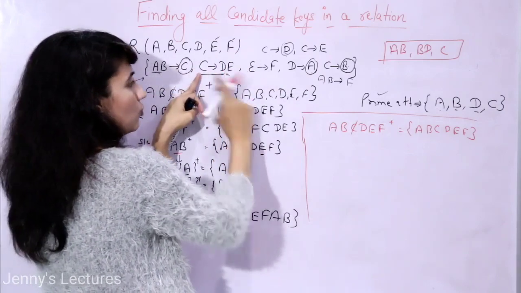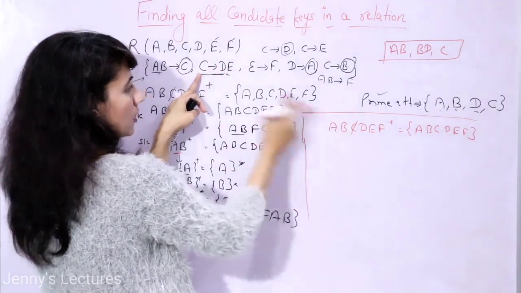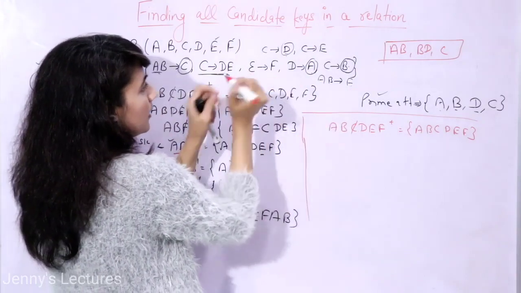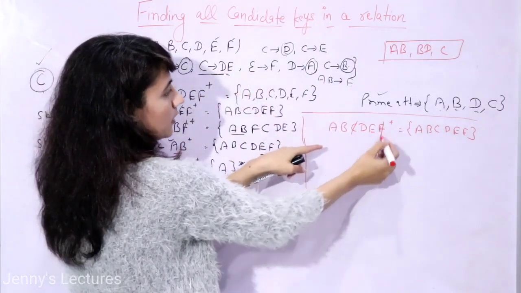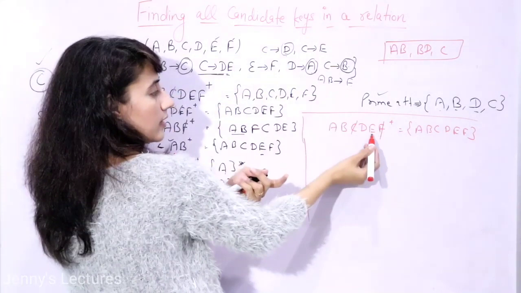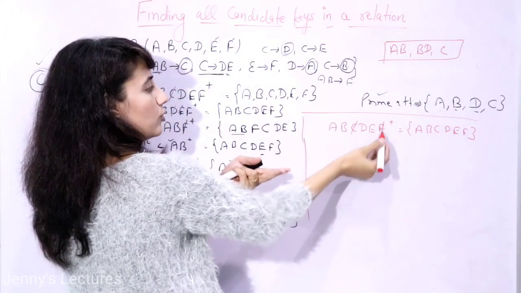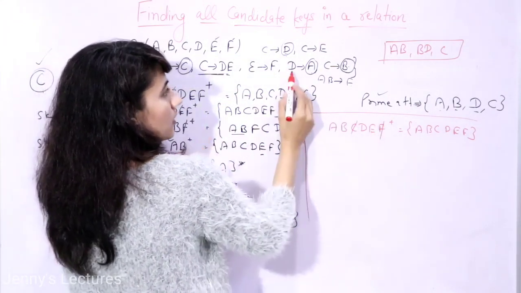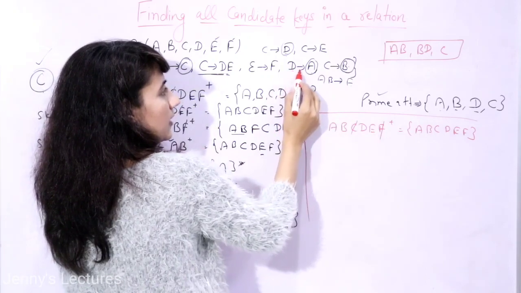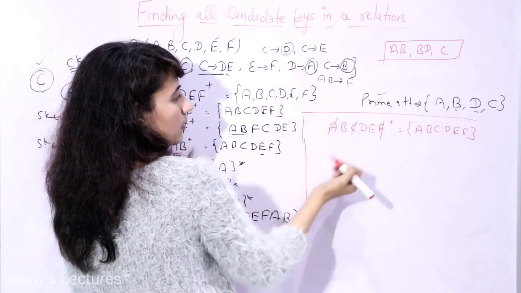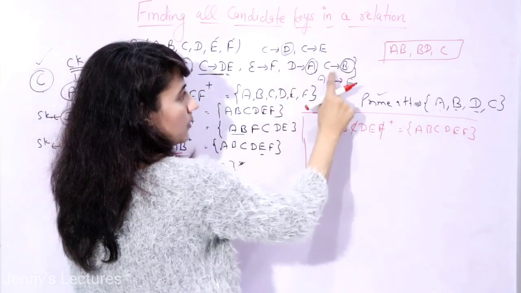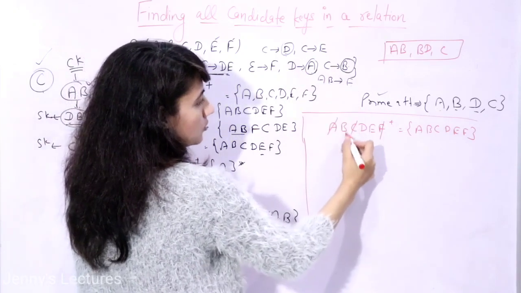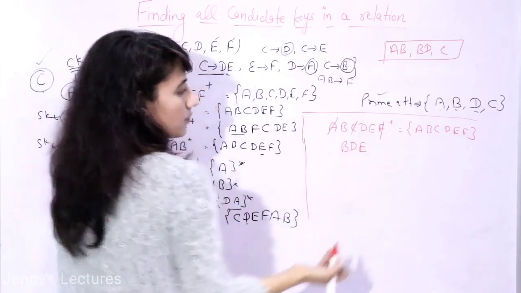C is determining D. Do you have C? No, so I cannot discard DE. E can determine F. I have E, so I can discard F, because if E is there with you then you can determine F. Next, D can determine A. I have D, so I can discard A. C can determine B, but I don't have C. So the remaining is B, D, E.